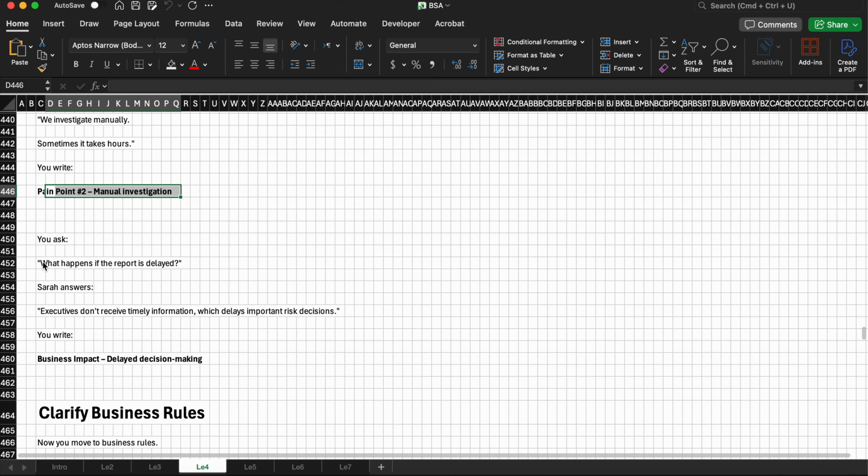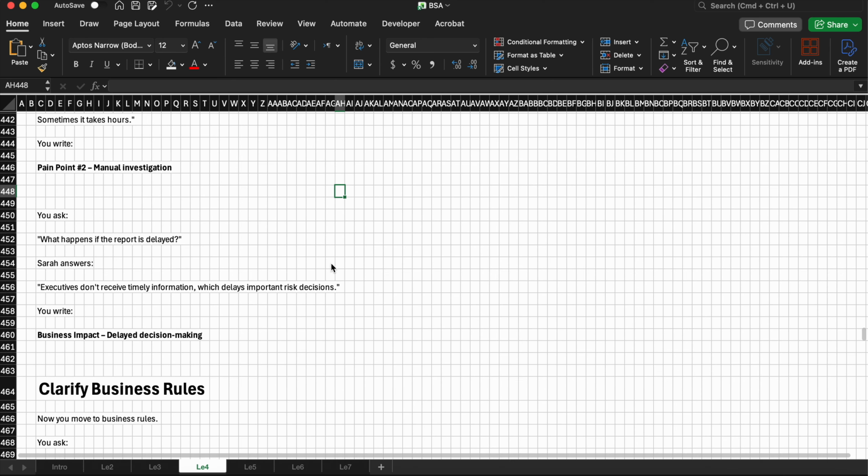You continue poking with more questions. What happens if the report is delayed? Let's say someone extracts the report from the mortgage system. They have to share it, either by email or saved in a shared directory, and Emily's team preparing the report has to access it.